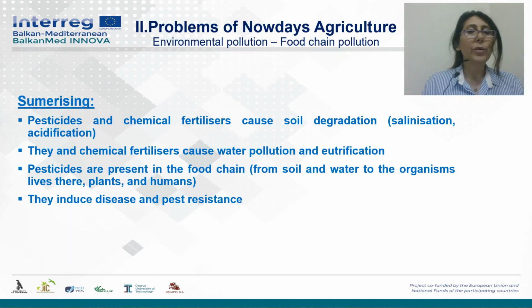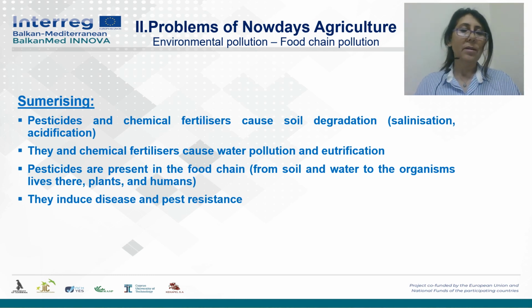And now we are going to the end of this part. I wanted just to summarize that, as we saw in the previous slides, pesticides and chemical fertilizers cause soil degradation, for example salinization and acidification of the soil caused by the use of nitrogen. Pesticides and chemical fertilizers cause water pollution and eutrophication.